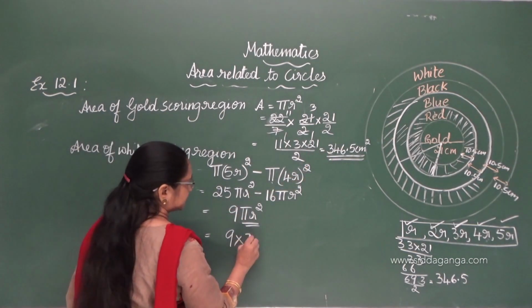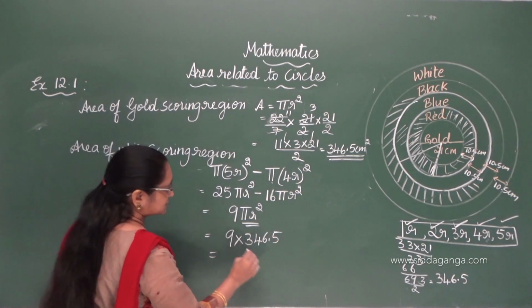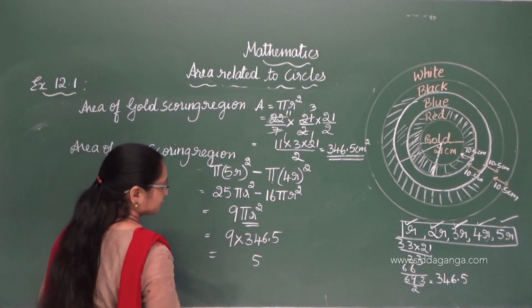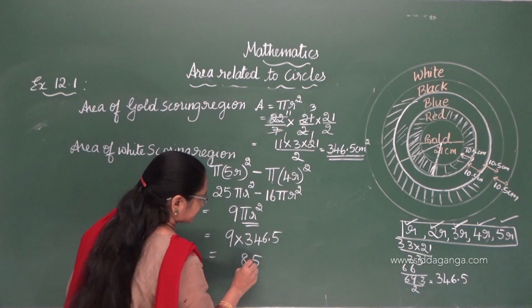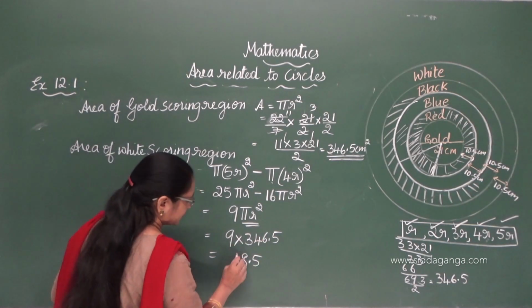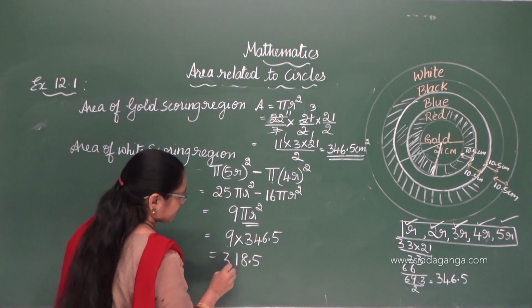So 346.5 times 9. 9 5s are 45, 4, 54, 58, 5 6s are 36, 41, 4, 9 3s are 27, 28, 29, 30, 31.